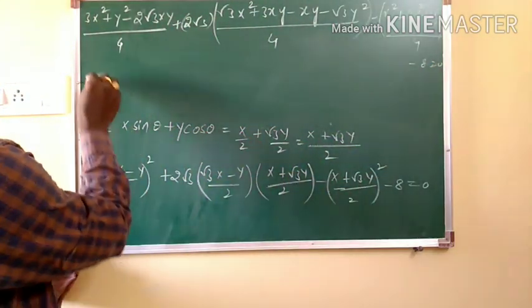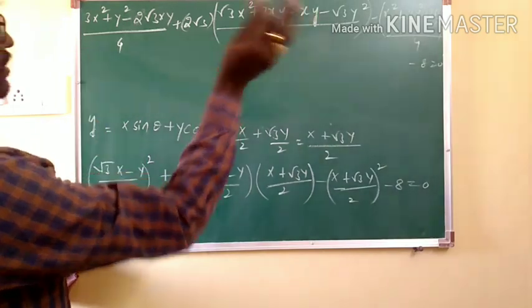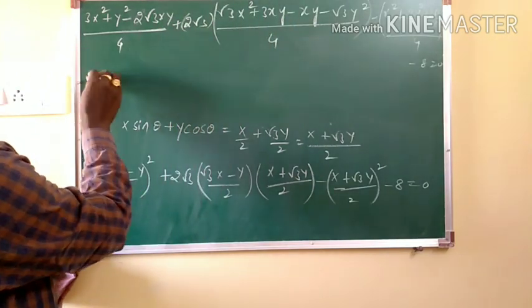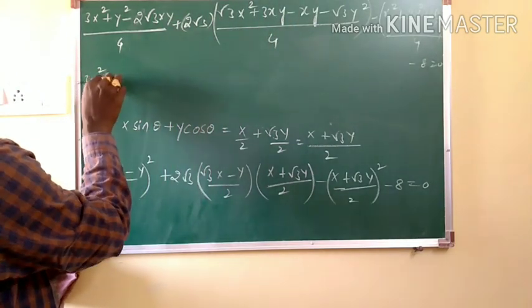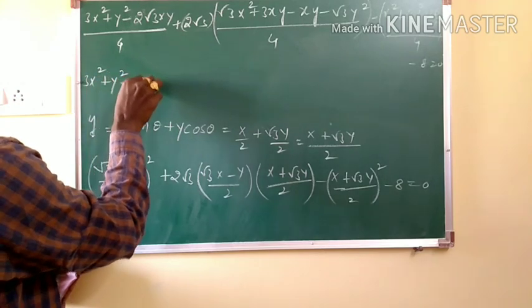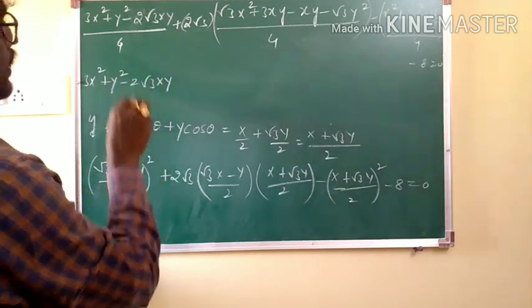So you are going to get the LCM as 4, and so you will be getting 3x square plus y square minus 2 root 3 xy.